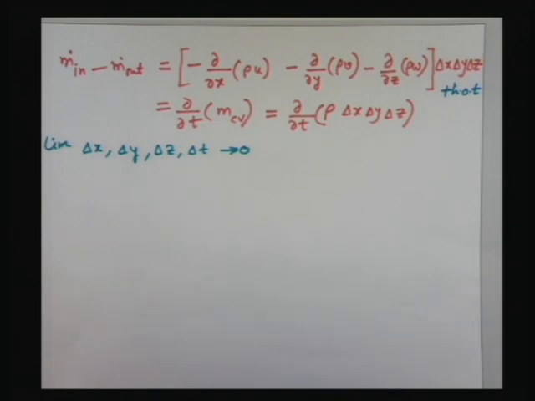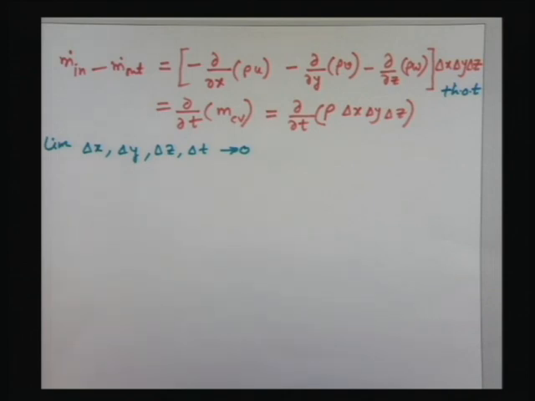To derive a differential equation, remember the physical meaning of a differential equation is that it's an equation that must be valid at a point. To make an equation valid at a point, we have started with a control volume. So we must shrink the size of the control volume in a way that it reduces to a point. That means that we must take the limit as delta x, delta y, delta z, and as well as delta t tending to 0, because we want an instantaneous description.